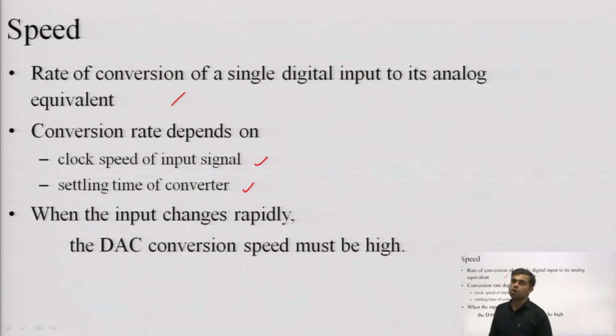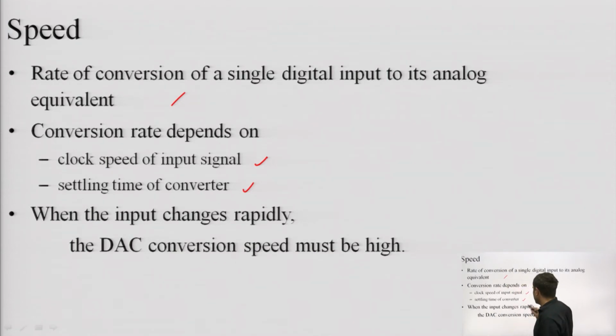Clock speed means how fast the data is able to enter that circuit. That depends on the clock rate. So the higher the clock rate, the more data can be entered, and the lower the clock rate, only a small amount of data can enter the DAC. Then settling time of the converter means the time it will take to settle down. So the faster it settles down, the quicker it will be in response while providing the actual output.